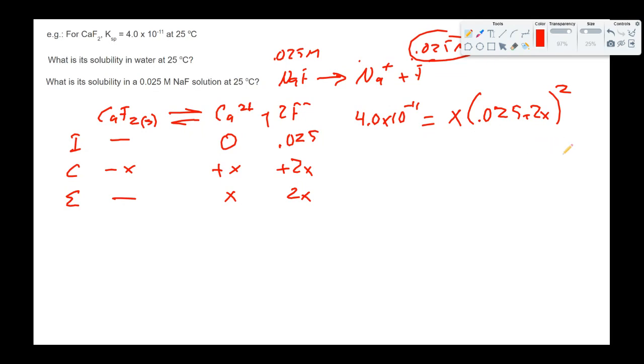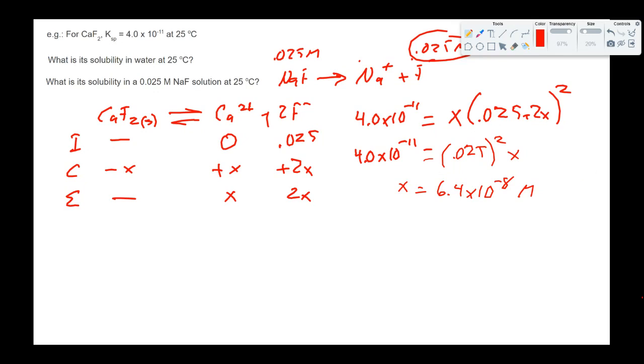The Ksp value is 10 to the minus 11th, which means 2x is going to be extremely small compared with 0.025. So we can make use of a simplification here and go 4 times 10 to the negative 11th is approximately equal to 0.025 squared times x. And that makes this easy to solve. So x is 6.4 times 10 to the negative 8th moles per liter.